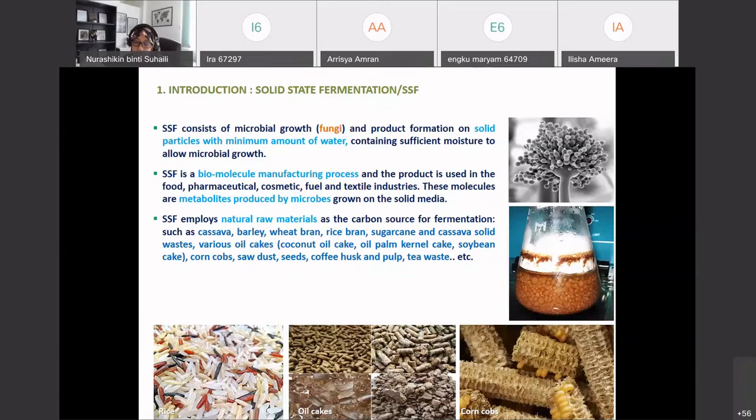So it can be used by certain microbes that you use, which is Rhizopus oligosporus, to grow, and then it will produce tempeh at the end, right? So for different foods that you want to produce, there are different starting materials and different microorganisms. It's not just any starting material that will work, but it depends.